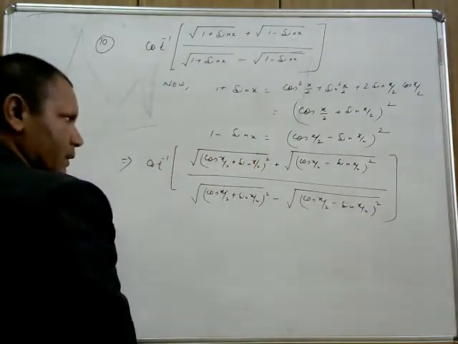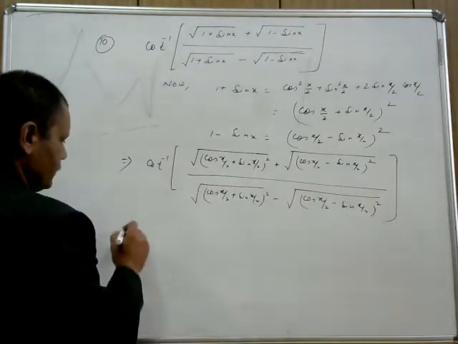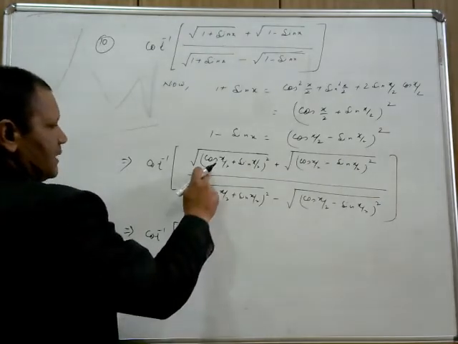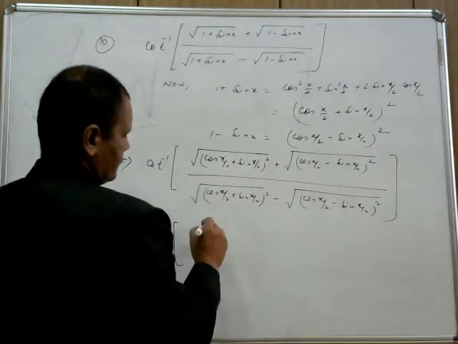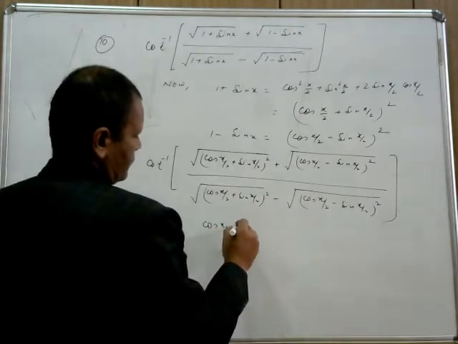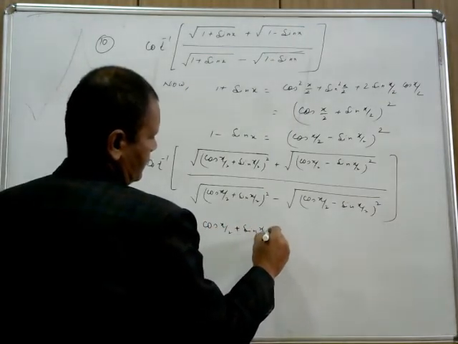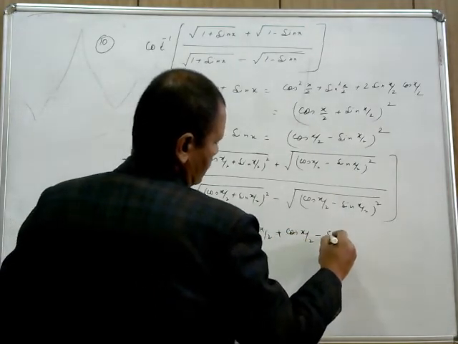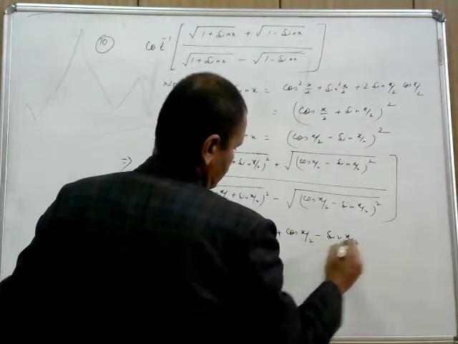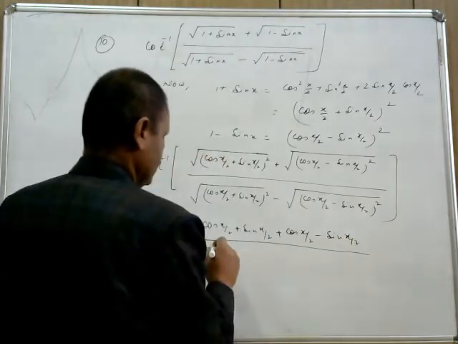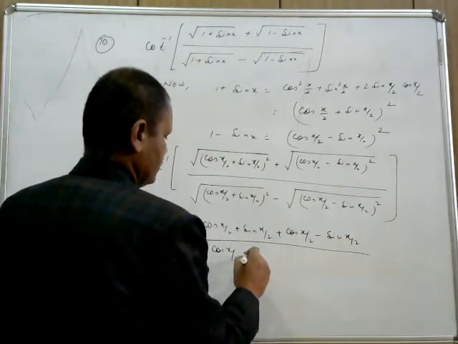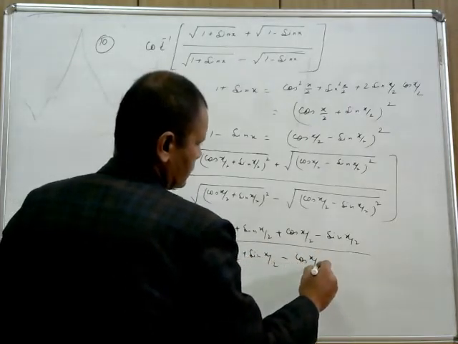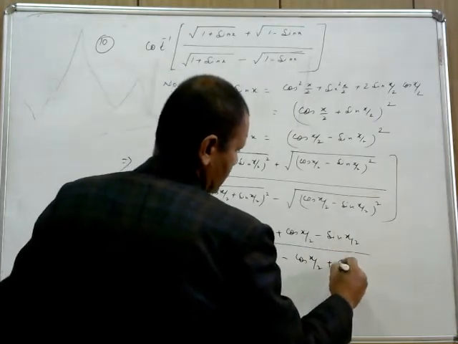Now the whole square and root will be removed. We will get cot inverse of cos x by 2 plus sin x by 2 plus cos x by 2 minus sin x by 2, whole divided by cos x by 2 plus sin x by 2 minus cos x by 2, and minus becomes plus here, sin x by 2.